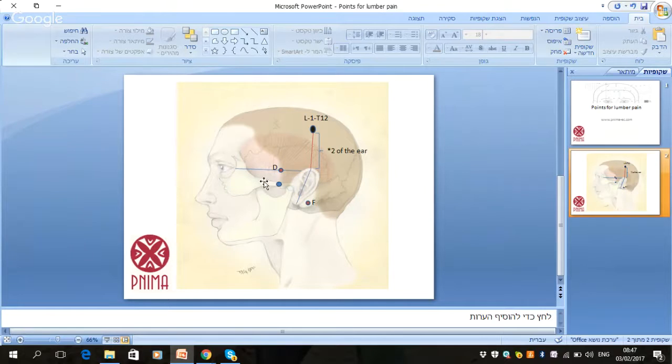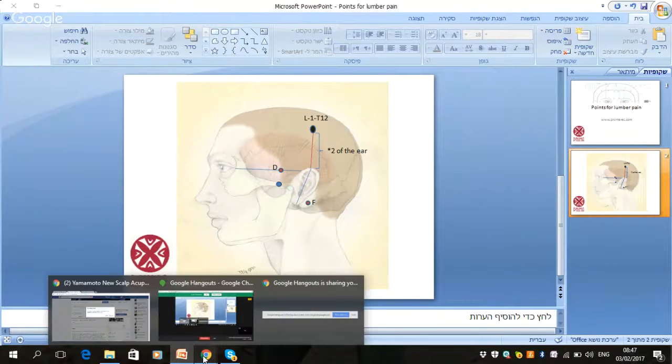If I needle towards the ear, for foot drop, I'm having an effect on the bottom part of the foot. So you're looking at any pain or numbness in that area. Okay, so these are basically the points. I'm going to go back.